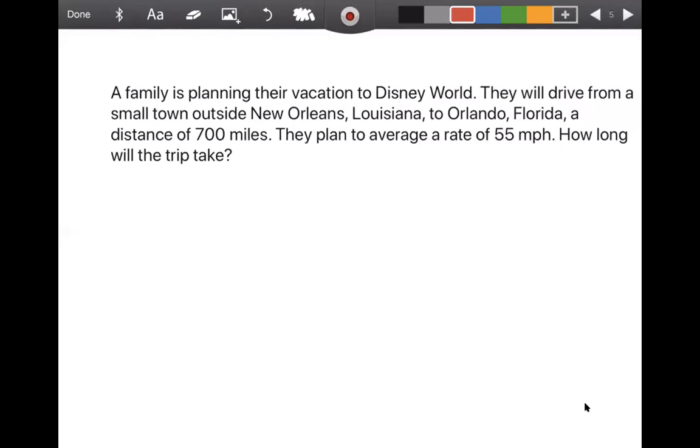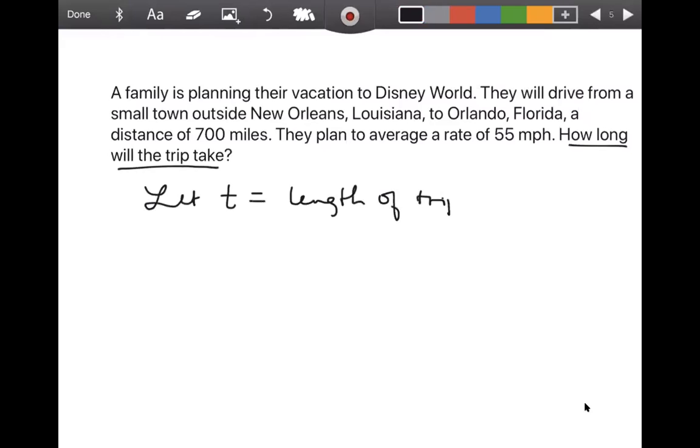Mitchell's first commandment, thou shalt clearly define a variable. Since they're asking how long will the trip take, I'm going to call that T for time. I'm going to say length of trip in hours.